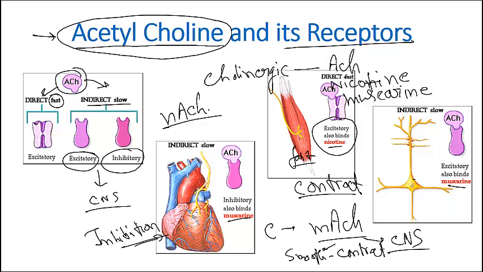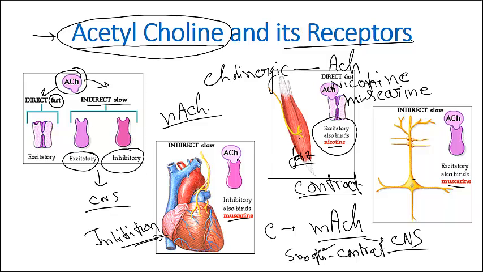The action of acetylcholine may be excitatory or inhibitory, but the effect depends on which receptor is present on the postsynaptic cell. If it is a nicotinic receptor, it's always excitatory and very fast.